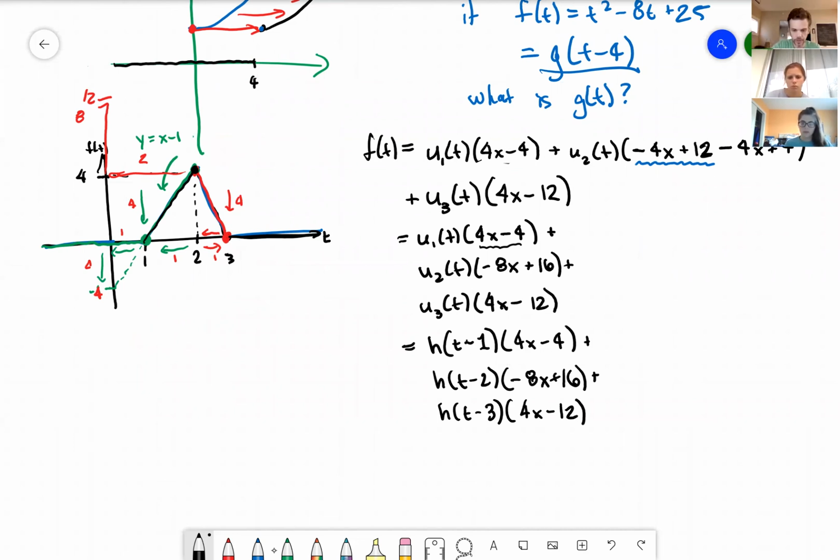So 4x minus 4, minus 8x plus 15, t minus 3, 4x minus 12. Oh, of course I did something foolish, and you probably noticed I wrote x's instead of t's.